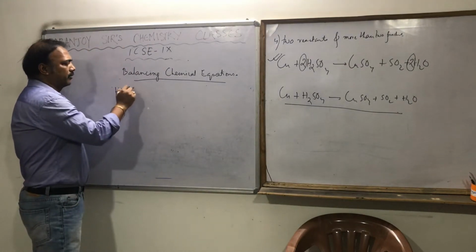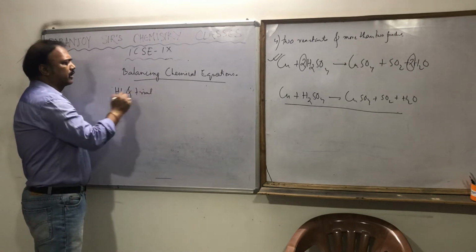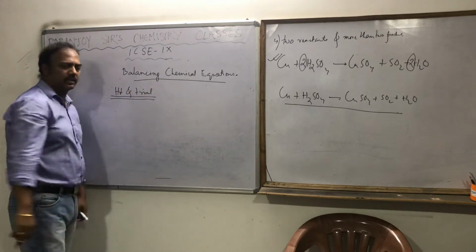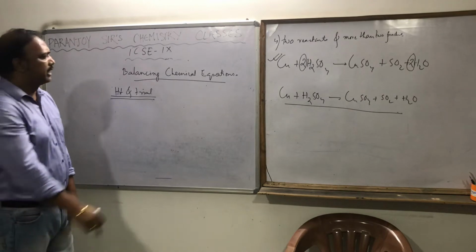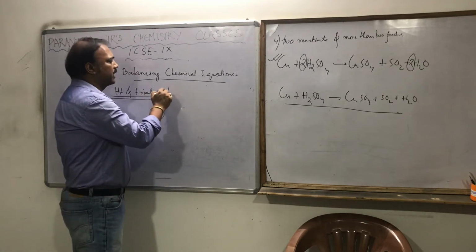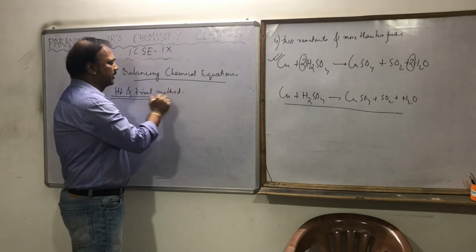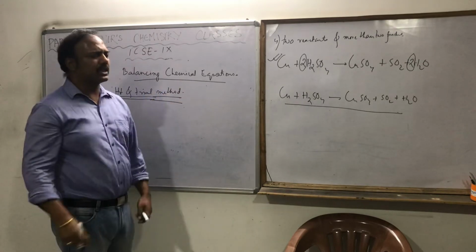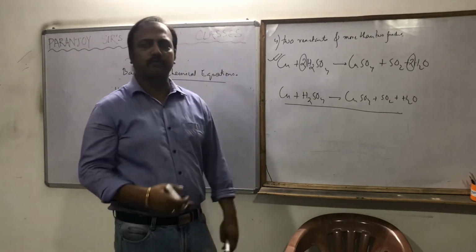This is also known as the trial and error method. By the hit and trial method only we have to balance it. That is, just by seeing how much to add to balance the thing.